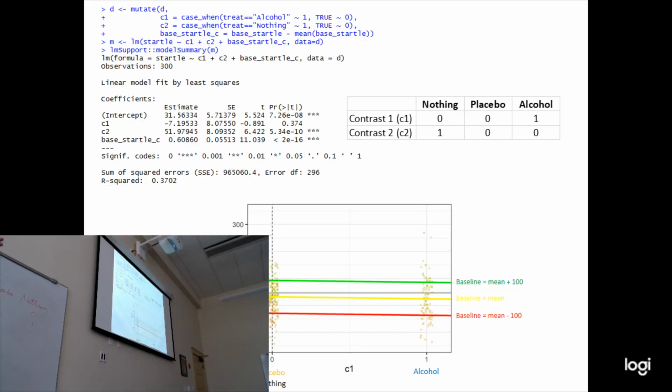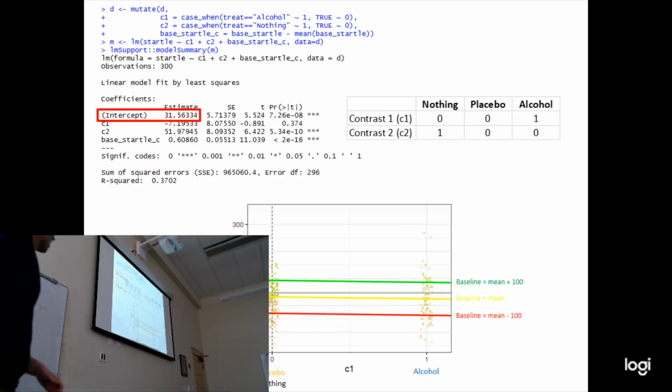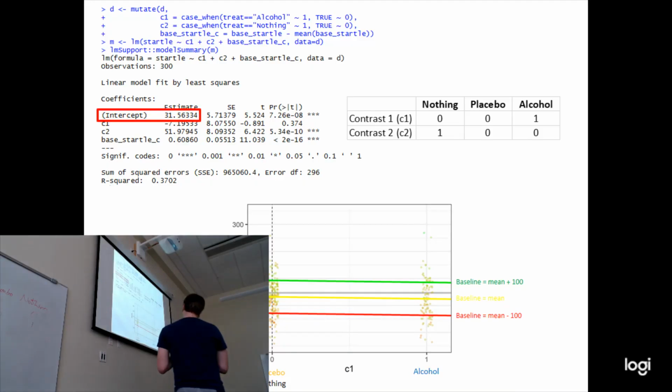So here's the results of fitting this model, if you ask R to tell you the results. One interesting thing about using dummy codes: often when you're using, say, planned orthogonal contrasts, it's handy to use centered contrasts, where the average value across all the numbers that you're using is 0.